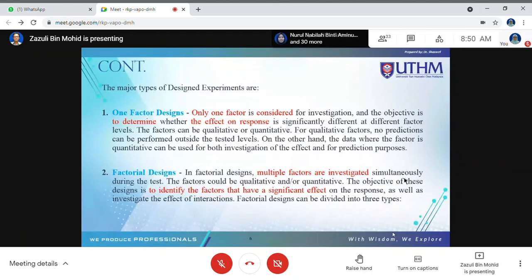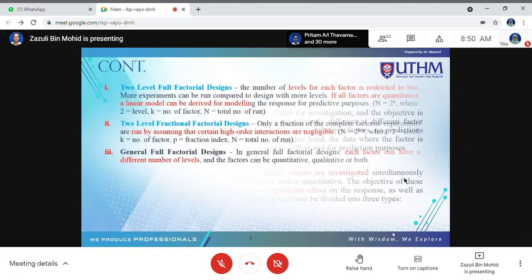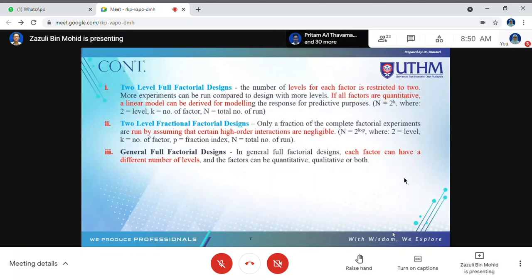In this factorial design, it can also be divided into three types. One is two-level full factorial design. The second is two-level fractional factorial design, and the third is general full factorial design.